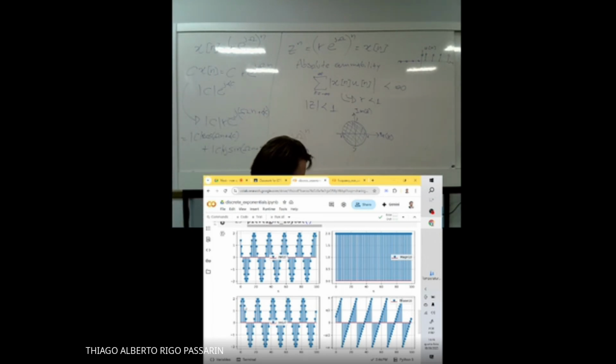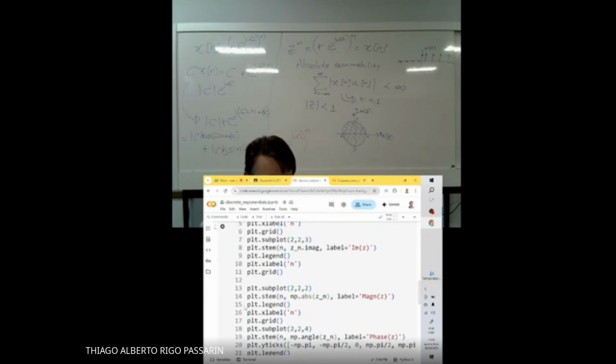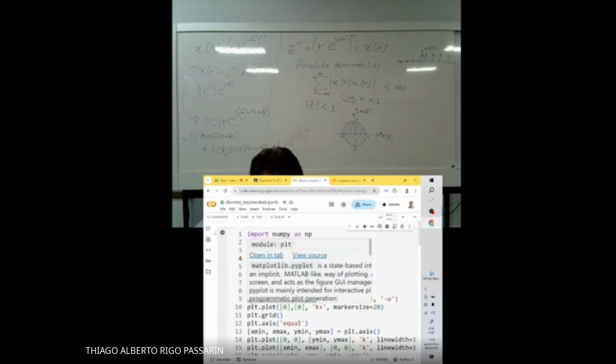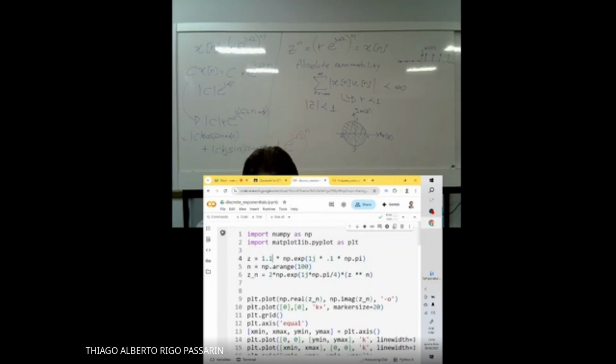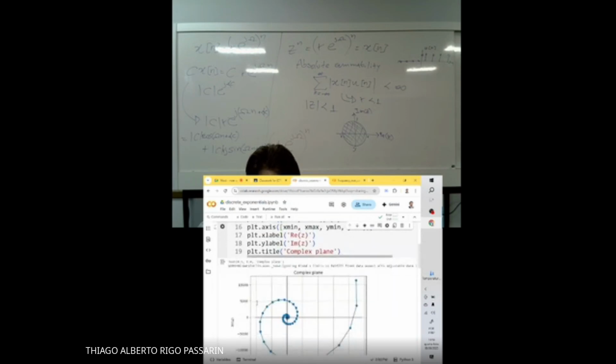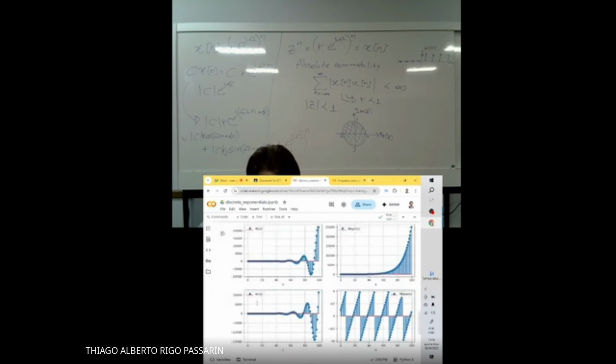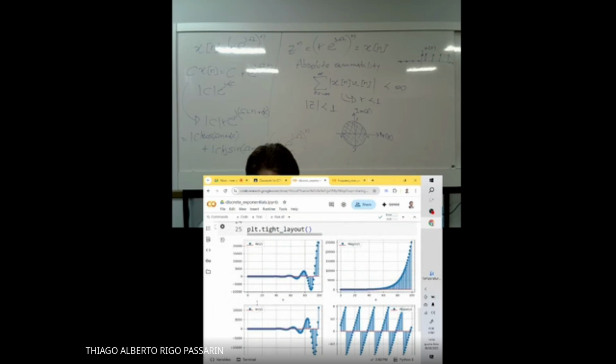So keep in mind that multiplying by a complex number causes increase or decrease of the amplitudes according to the radius of the complex number, and causes phase shift in the sines and cosines.